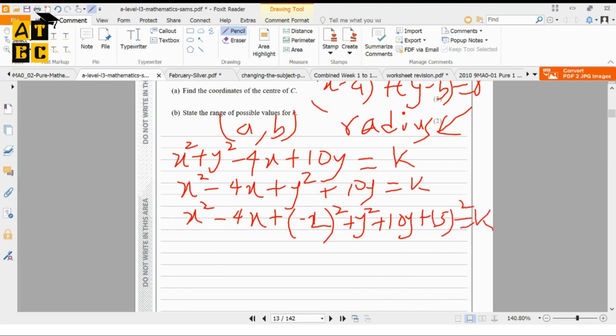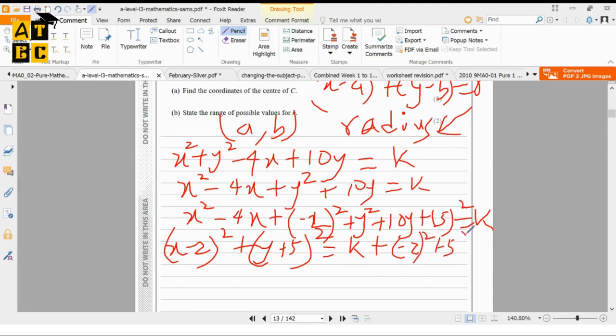Now don't forget also that whatever you do to the left hand side, you must also do to the right hand side. So let me try to simplify this first. I have x minus 2 squared plus y plus 5 squared equals k, plus now you have minus 2 squared plus 5 squared.